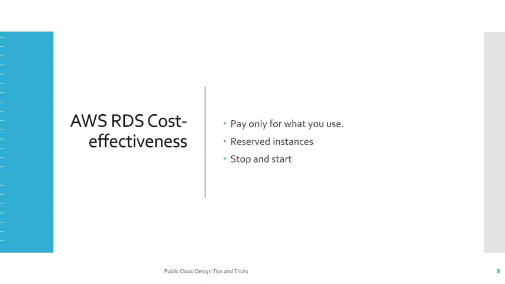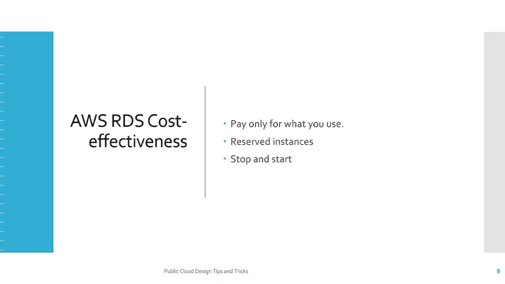When we are talking about cost effectiveness, there are three capabilities which RDS provides: pay only for what you use, reserved instances, and stop and start. Pay only for what you use is a kind of serverless capability where you pay only for the amount you use of the RDS database.